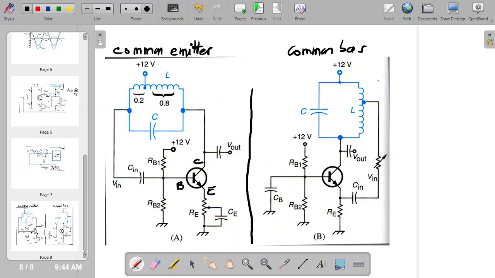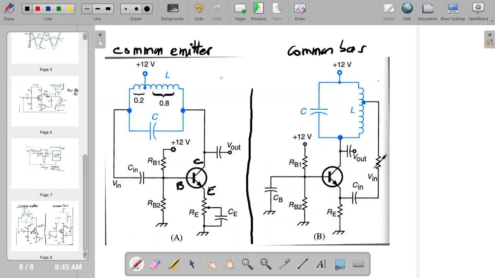Other than that, it's the same thing. And here, instead of using the ground, it uses a plus 12 volts, which doesn't matter, because if you use a DC power here, for the AC signal, this behaves like a ground anyway, so you would have the same behavior. But always remember that the key to the Hartley oscillator is that you have a phase opposition because of the tap, so that you are 180 degrees out of phase.